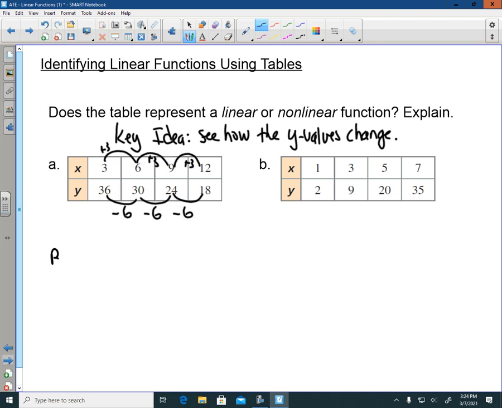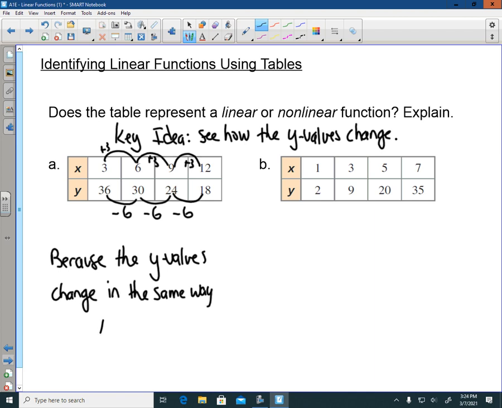And because the y values change in the same way, this thing is linear. Because the y values change in the same way, that is a table of a linear function.